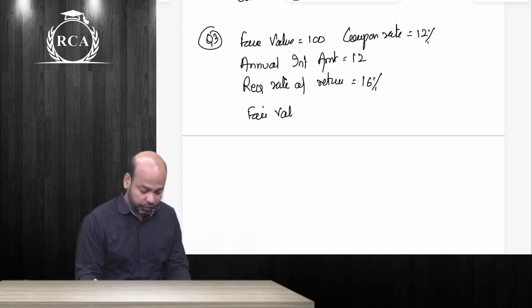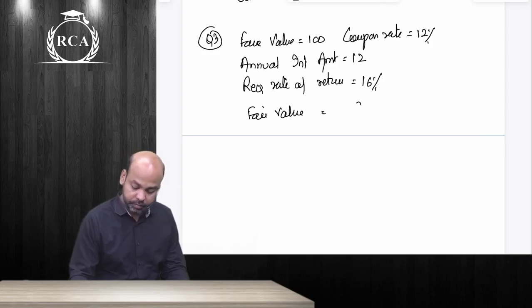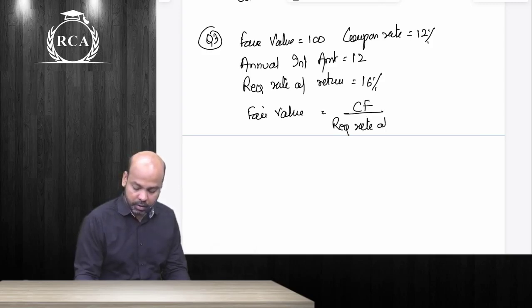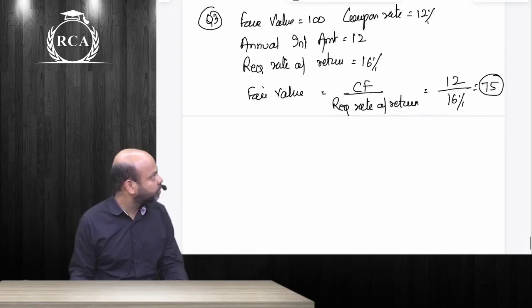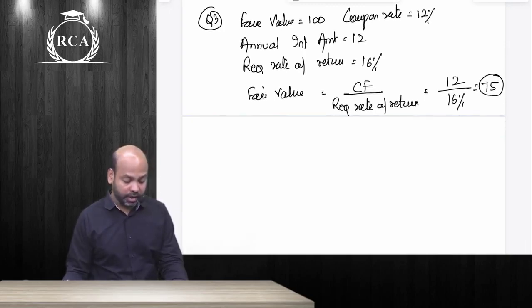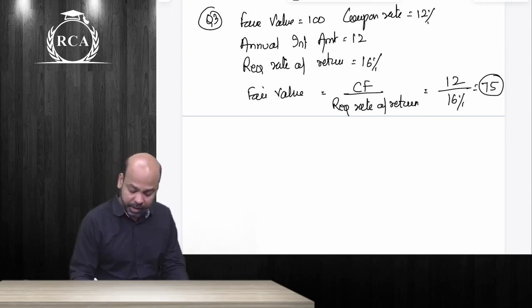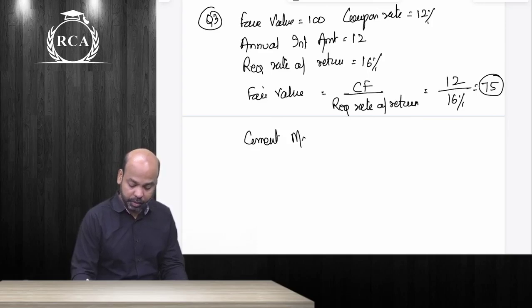Fair value of the bond is cash flow divided by required rate of return. Your cash flow is 12 rupees. 12 rupees divided by 16%, that will be how much? 75 rupees. Fair value will be 12 divided by 16%, that is 75. What is the prevailing market price? Current market price is 90 rupees.